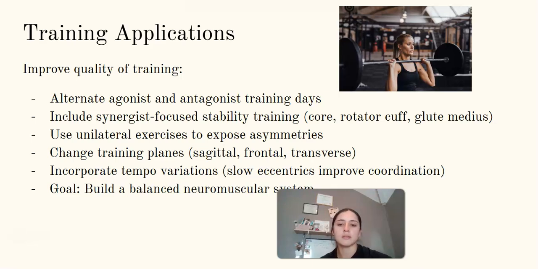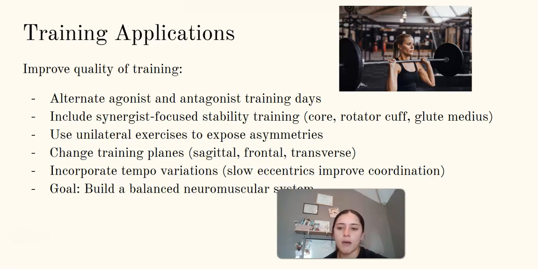So, for example, alternating would mean one day you train the biceps and the back muscles, and the next day you'll train the triceps and the shoulders, right? So the day before that you did the biceps. The biceps that day were the agonist, and the triceps were the antagonists. So the next day you're basically going to do vice versa. And then from there, go into leg training as well.